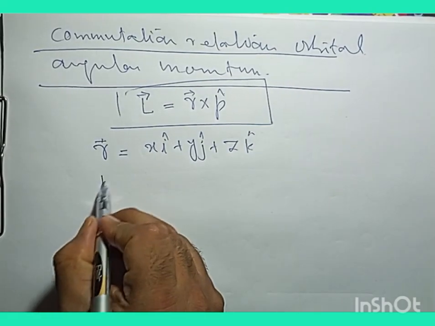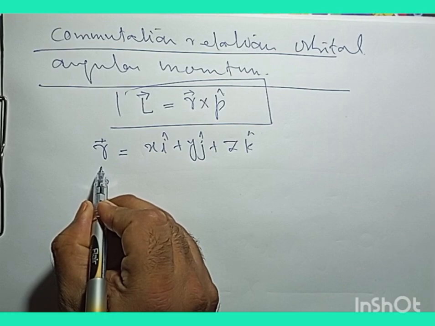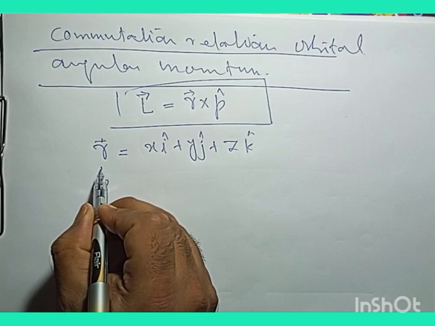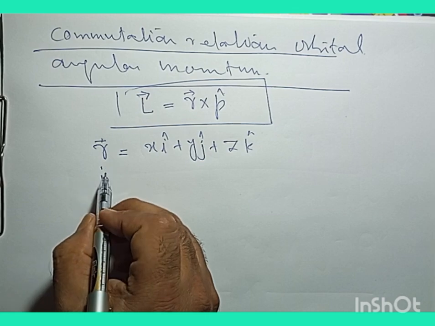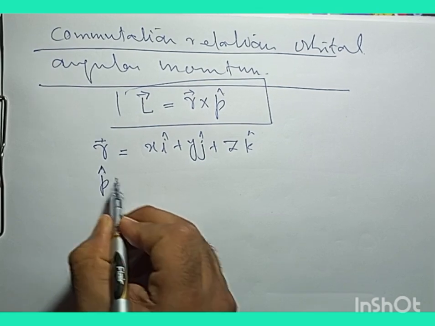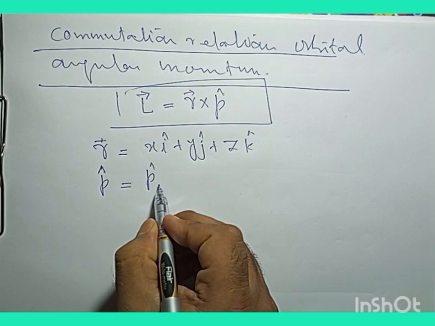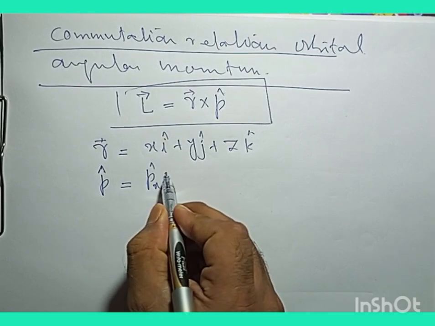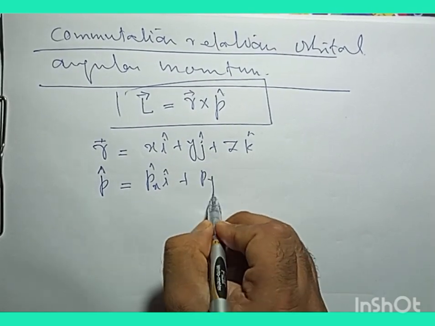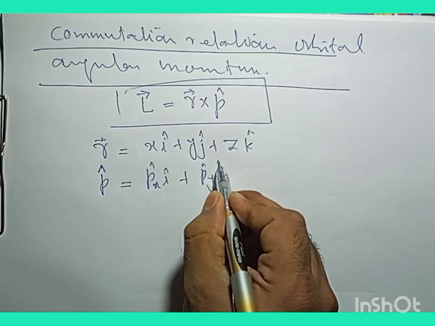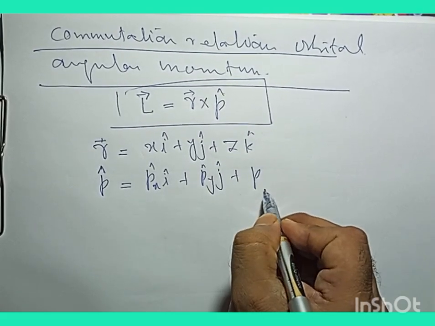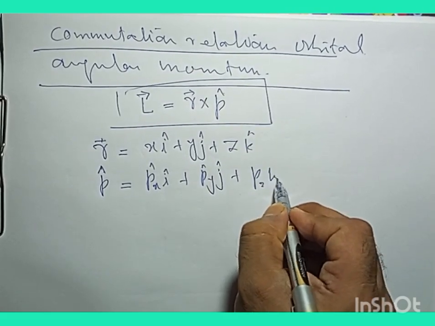And for the linear momentum, because this is the momentum operator, we would like to write this operator in terms of its components as px cap i cap, py cap j cap and pz cap k cap.